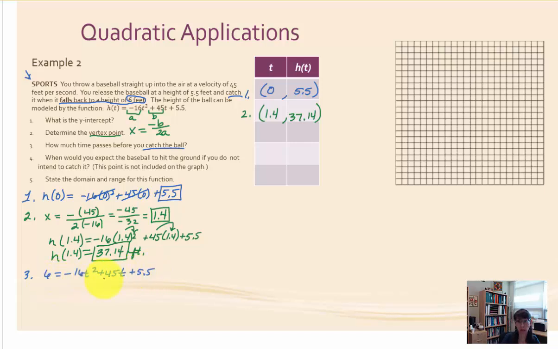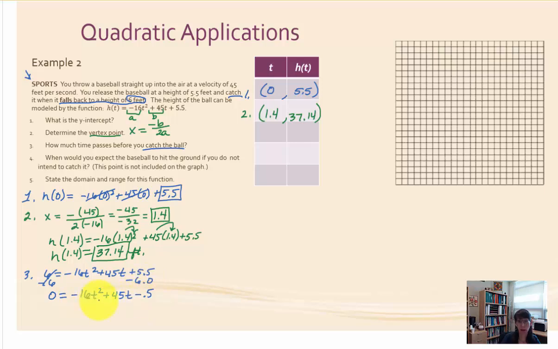We'll need to put this in standard form, in other words, equal to 0, and written from highest to lowest power. So it looks like we'll need to subtract 6 from each side of the equation. And then we'll have 0 equals our quadratic equation. Negative 16t squared plus 45t, and then 5.5 minus 6 is going to give us negative 0.5.